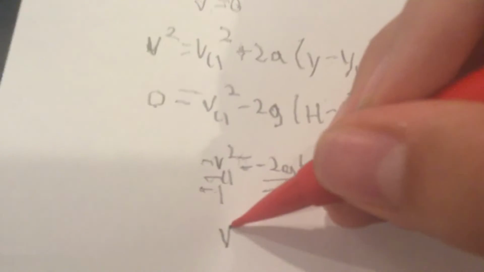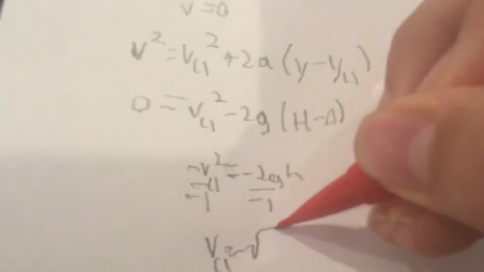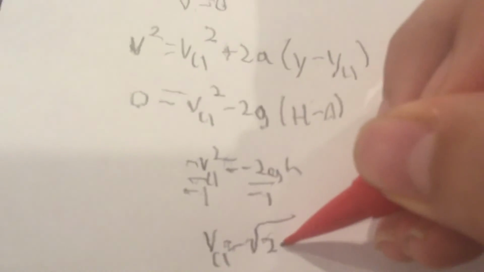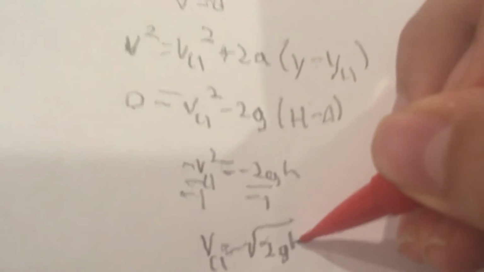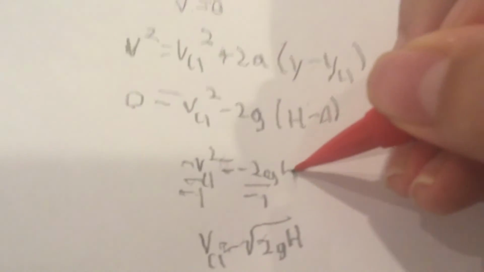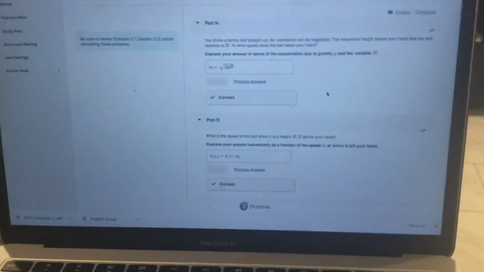And then it'll just be v naught is equal to the square root of 2gh. Okay, we can see that that is the right answer. So now we'll go to part O.